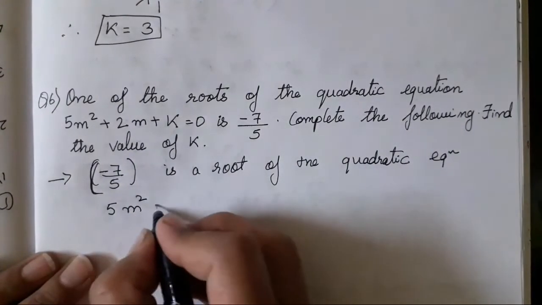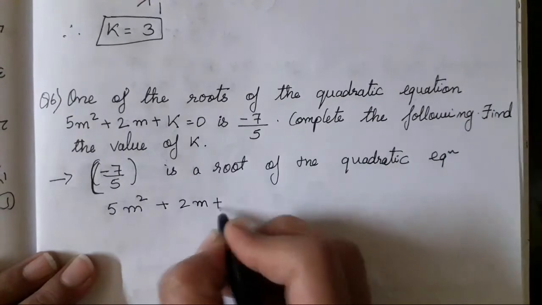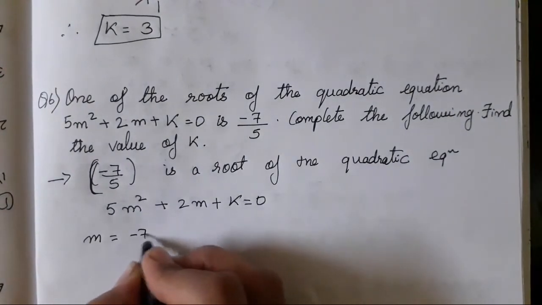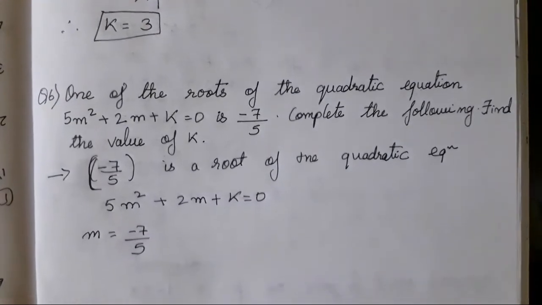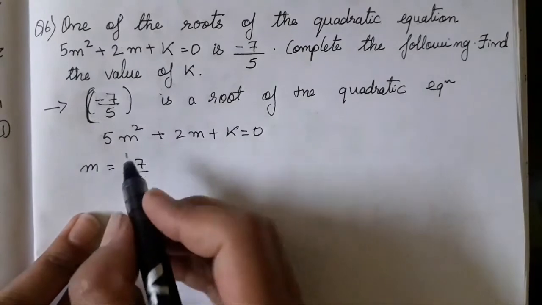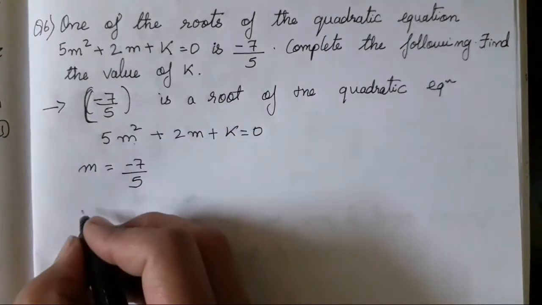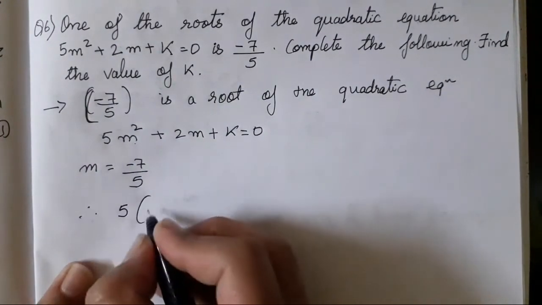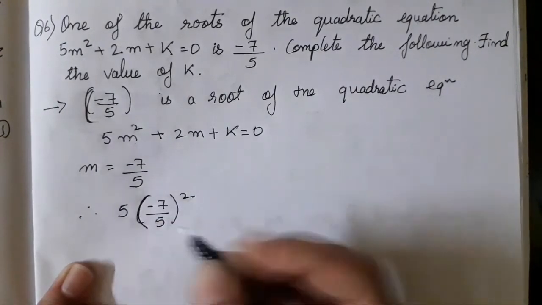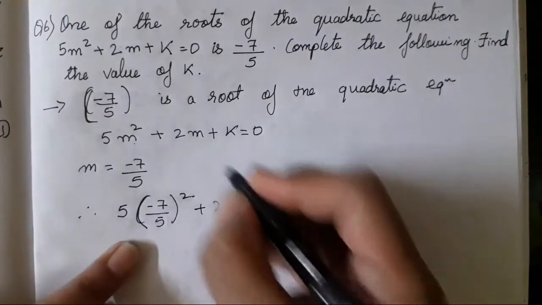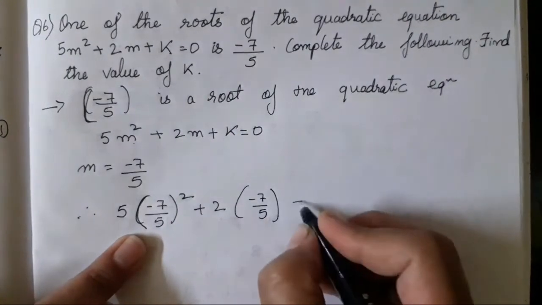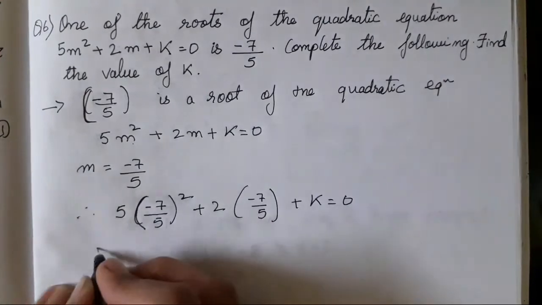Therefore 5m square plus 2m plus k is equal to 0. So m is equal to minus 7 upon 5 is what we have to substitute in the form of m. Therefore, 5 into (minus 7 upon 5) raised to 2 plus 2 into the value of m, minus 7 upon 5 again, plus k is equal to 0.